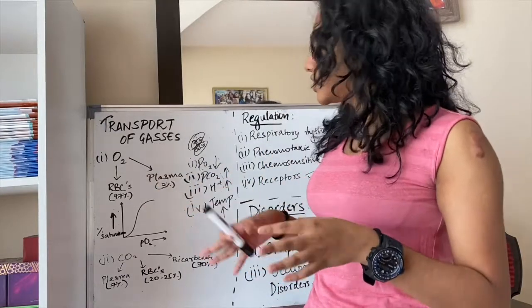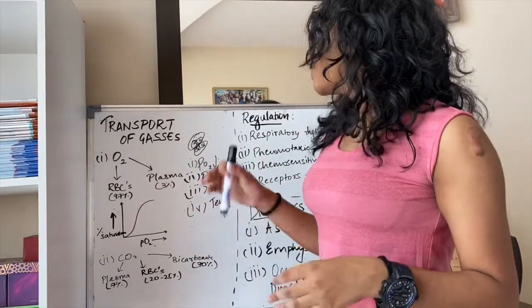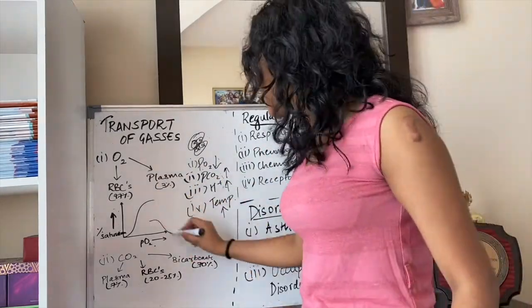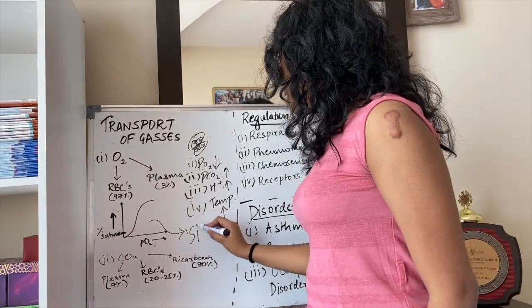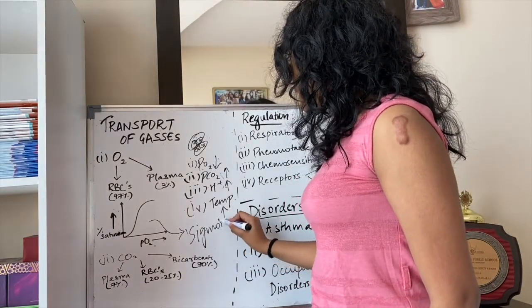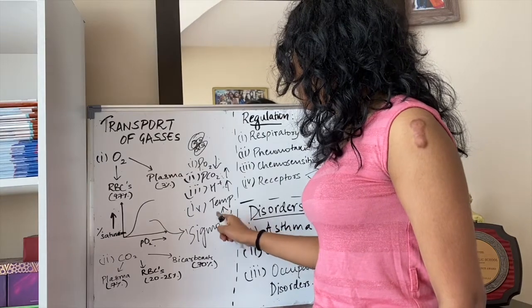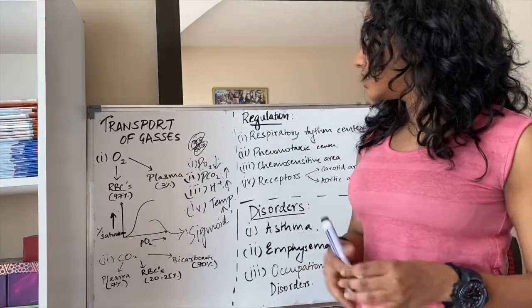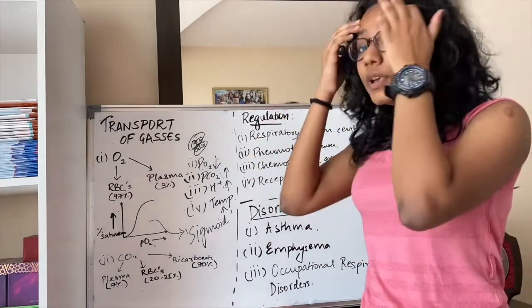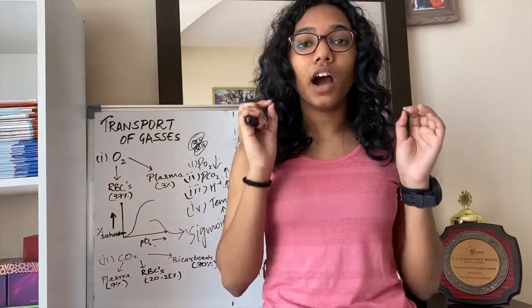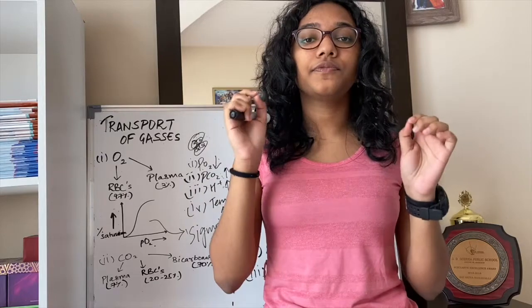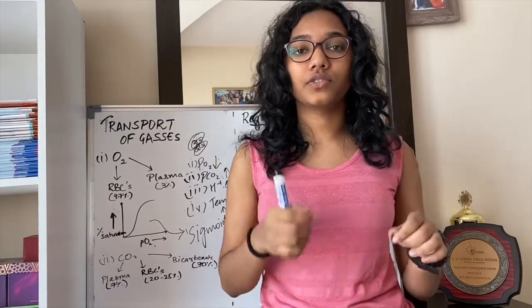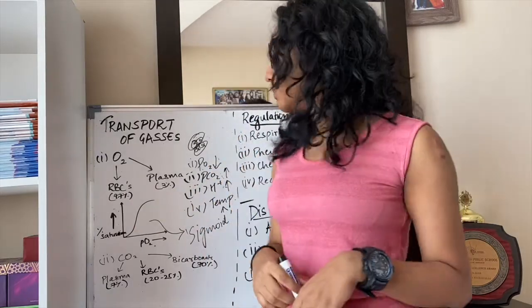So all those conditions you'll be learning for NEET. But for now, you just have to know that this is a sigmoid curve. They keep asking this question. So this is the curve between oxygen and hemoglobin. Also, for every 100 ml of blood, there is 5 ml of oxygen which reaches the tissues. So you can remember the proportions.